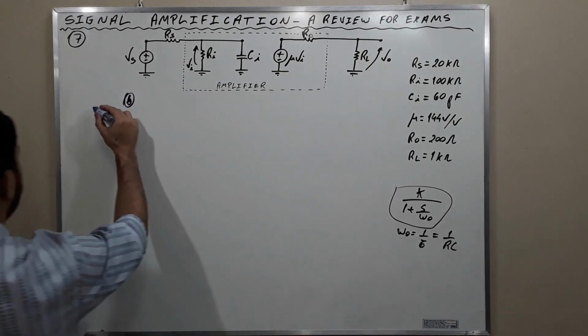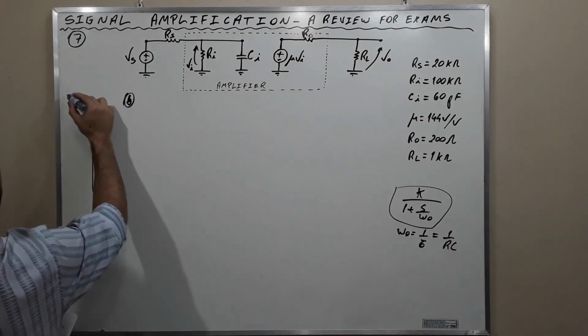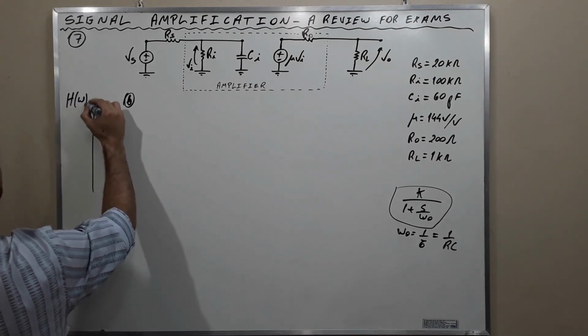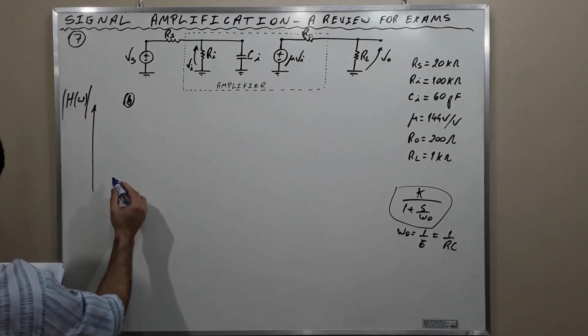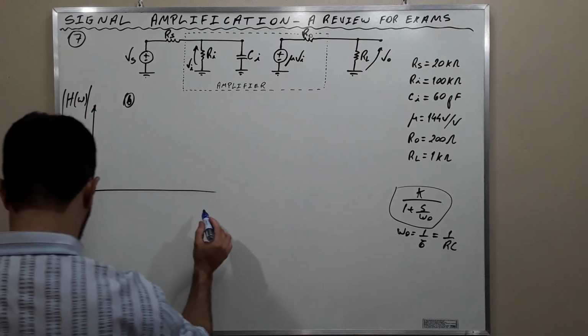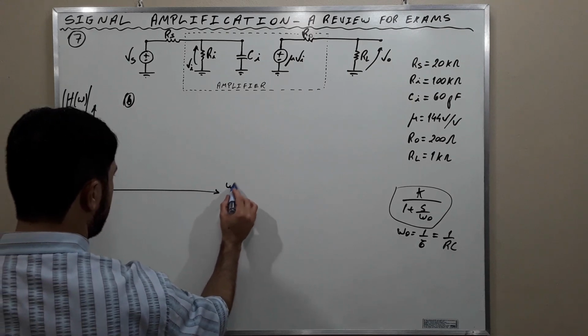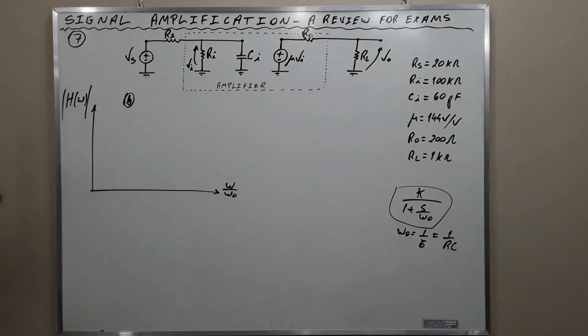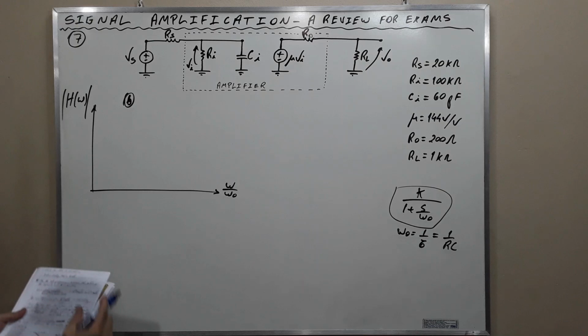Okay, this here is the magnitude in terms of frequency. And this is W over W0, where W0 is the corner frequency.